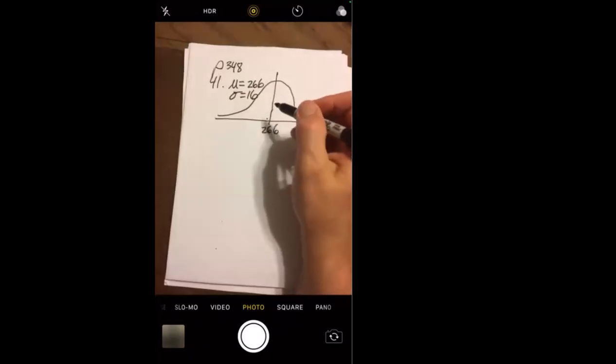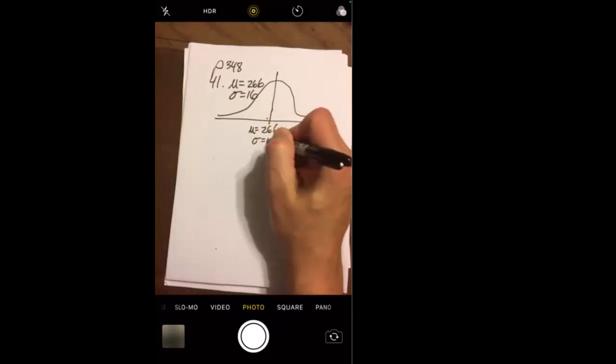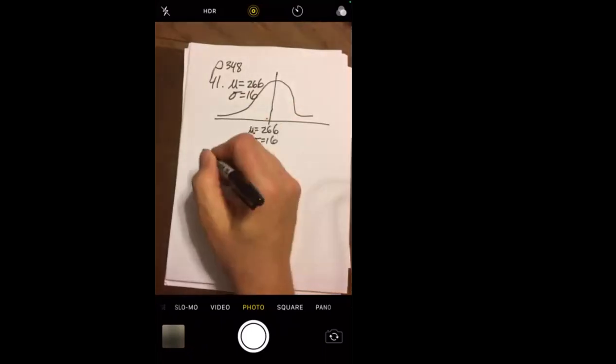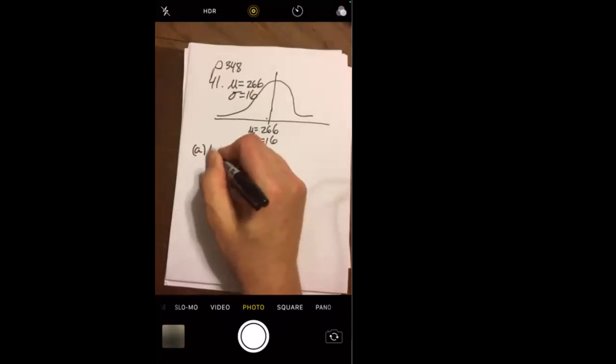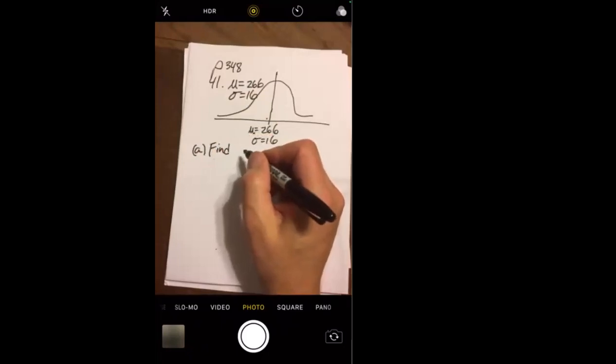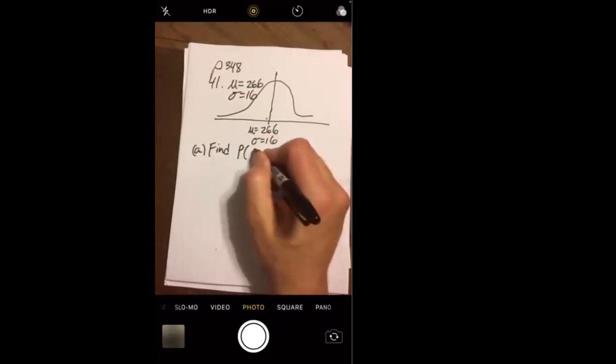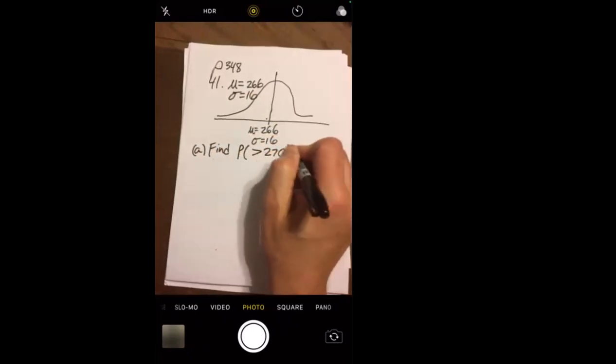They're saying an average human pregnancy lasts 266 days with a standard deviation of 16. So part A, well, they ask it in words, what proportion of pregnancies last more than 270? You can shorten it up, find the probability you're greater than 270.